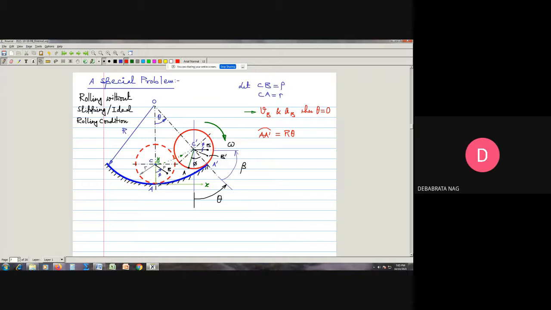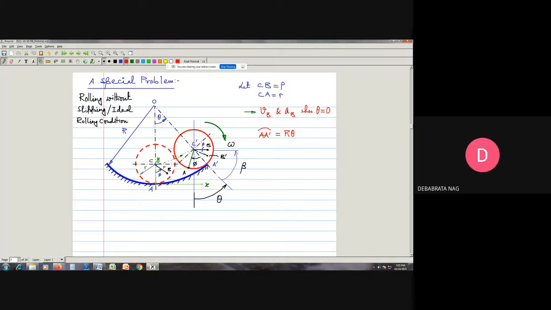So what we do? While we take it from this position to this position by dragging it over this curved surface, the point A comes to the point A prime, and the center of this rigid body moves along this parallel circular arc from the initial position C to its final position C prime.